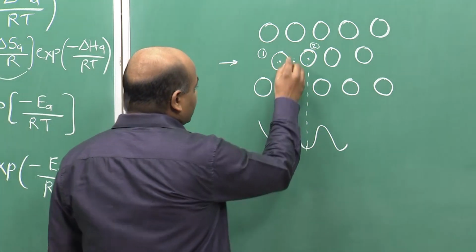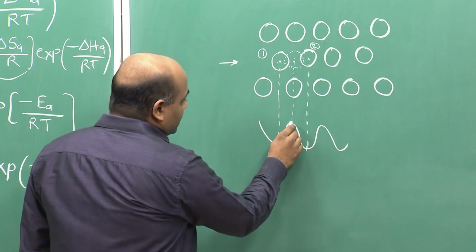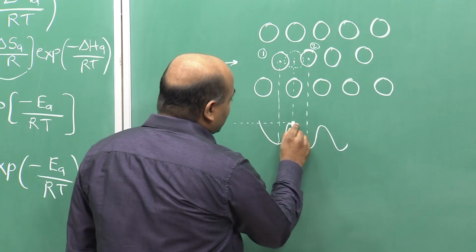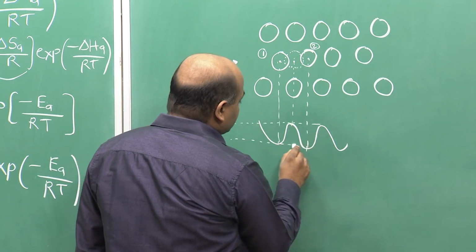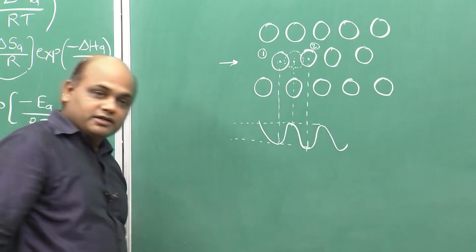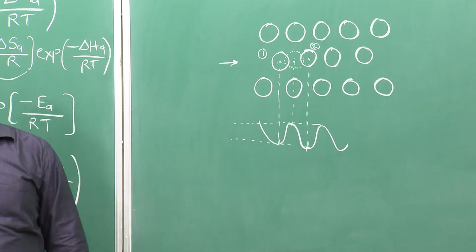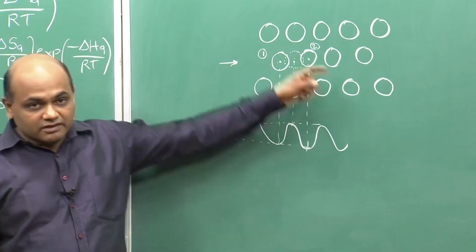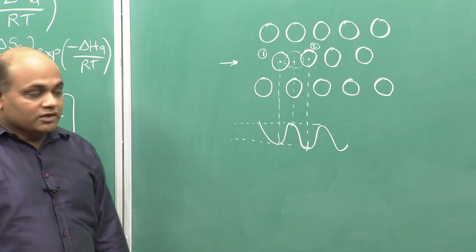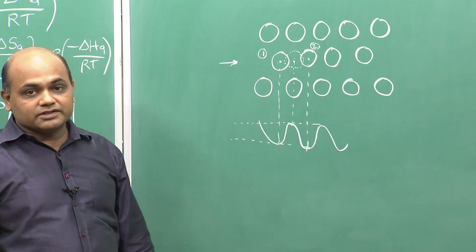So, somewhere when atom is in between here, it is associated with the maximum in the energy, and once the atom crosses this, then it will fall into the next potential energy well or into the next lattice site. So, this is one atomic jump. For this jump to happen, obviously the atom has to cross this energy barrier.